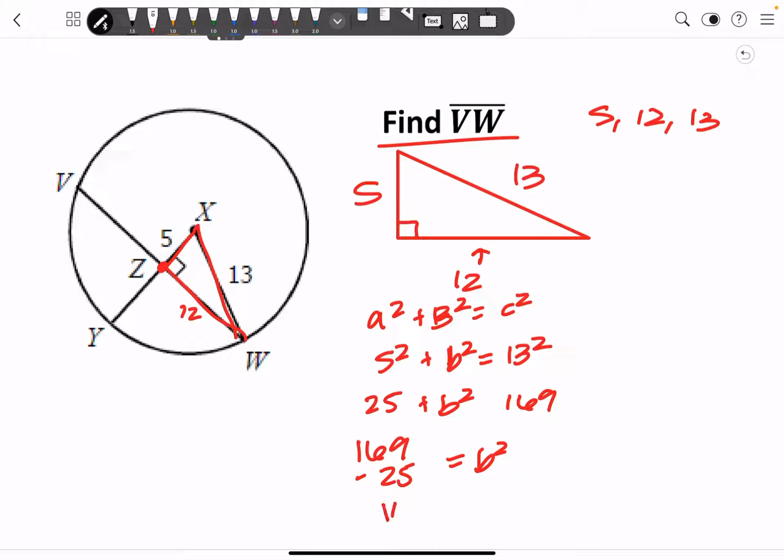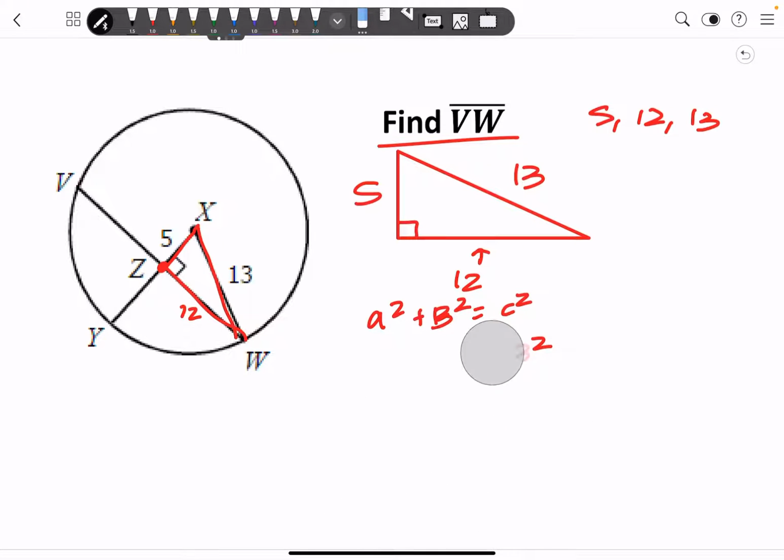That's going to give you 144 is equal to b squared. But you need to take the square root, and you get 12 is equal to b. That's a lot of work when all you have to do was just remember that 5, 12, 13 triple.